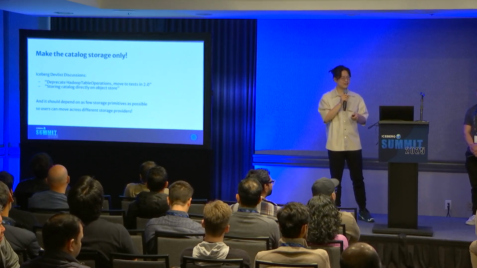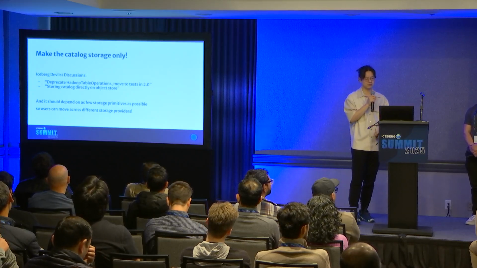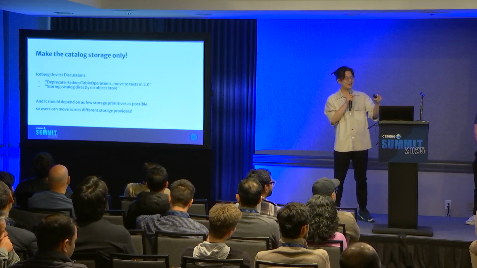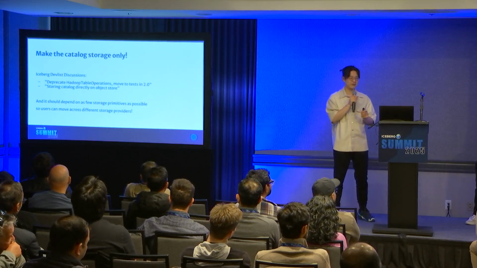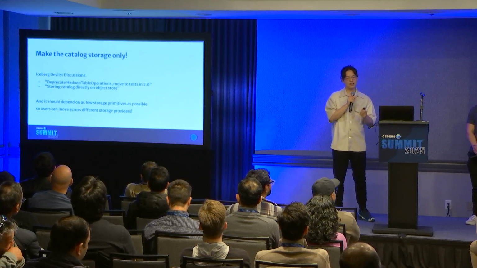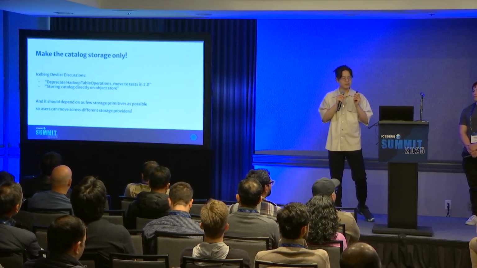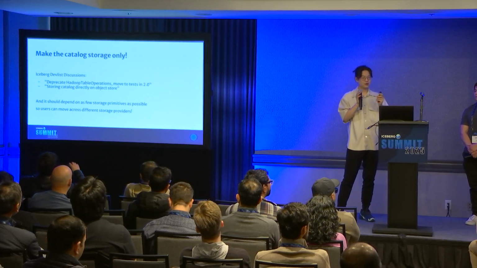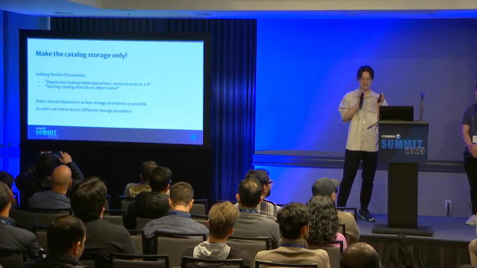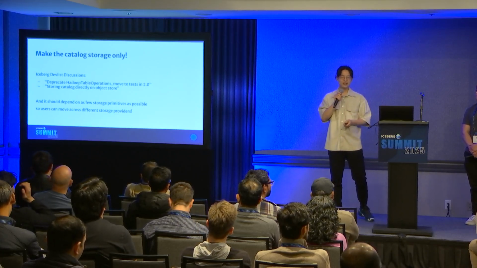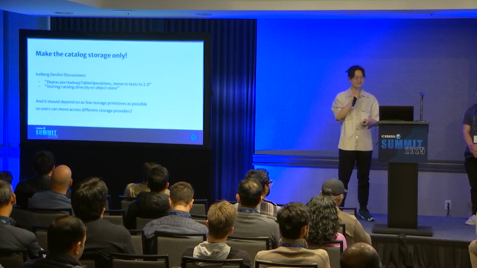And this is actually talked about quite a few times in the Iceberg community. Here are a few references to our previous discussions, that if we could build a storage-only catalog, it should be able to depend on as few primitives as possible, so that users can move between different providers if they want, and that supporting multi-table, multi-statement transactions would be super cool, right?